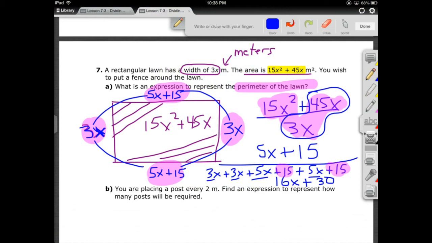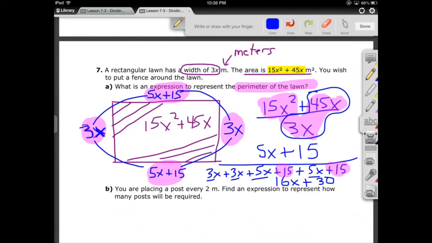And you always want to double check your values. You always look back and you say, well, 3x and 3x, yep, that's 6x. 5 and 5 is 10. So that looks right. 16x plus 30. So, okay, there's your perimeter.